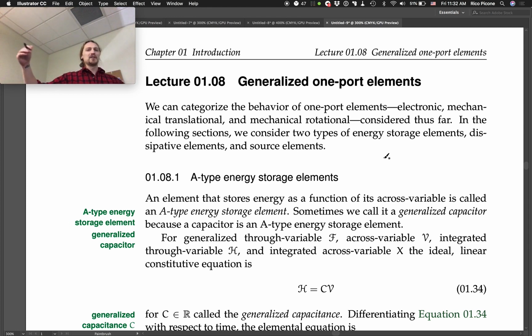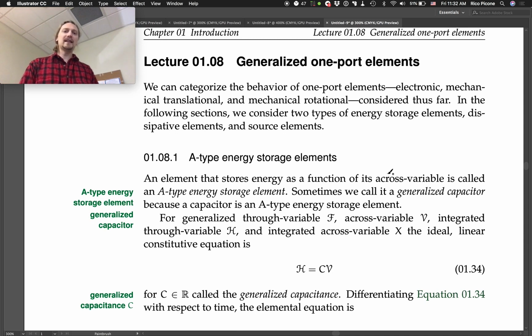And in this lecture, we're going to generalize the elements, for what that's worth. A-type energy storage elements are first. So an element that stores energy as a function of its across variable is called an A-type energy storage element.